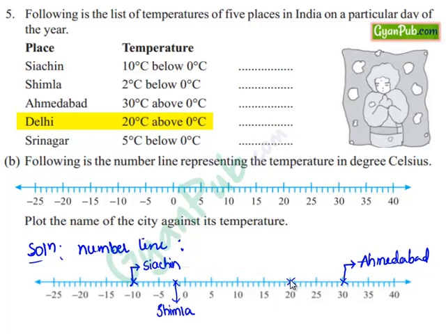Plus 20 degrees centigrade is the temperature of Delhi. And finally, Srinagar has 5 degrees centigrade below 0 degrees centigrade temperature. Below 0 degrees centigrade temperature means negative value. Here, minus 5 is the temperature of Srinagar.